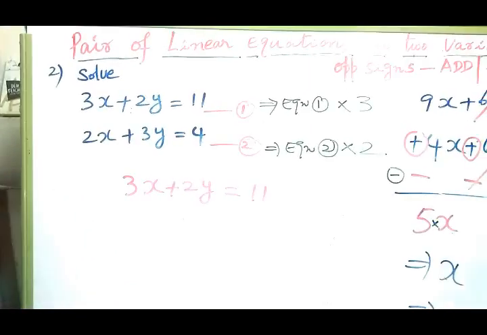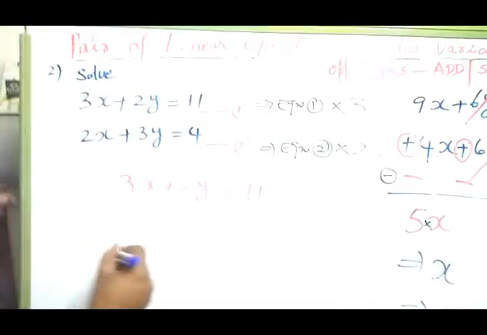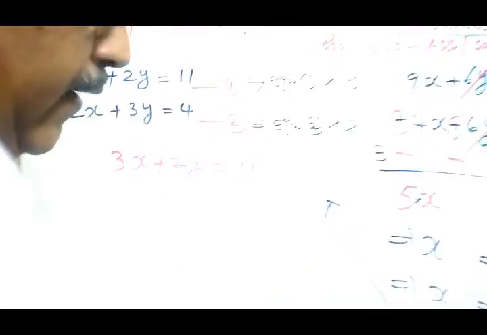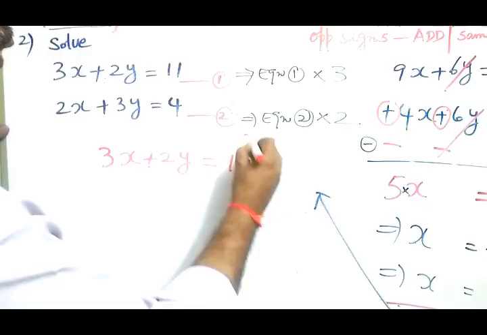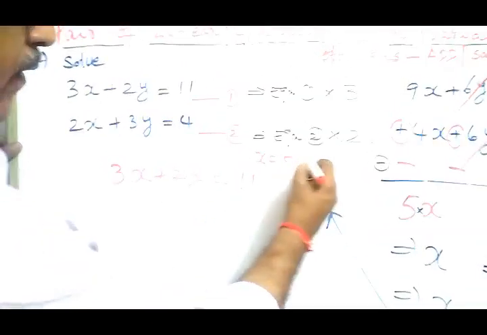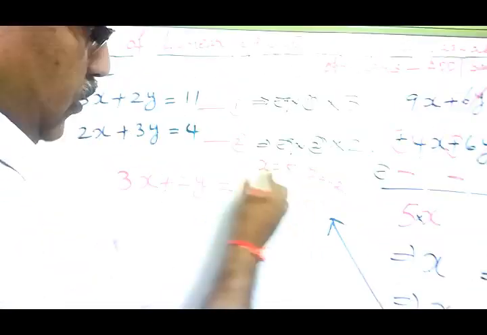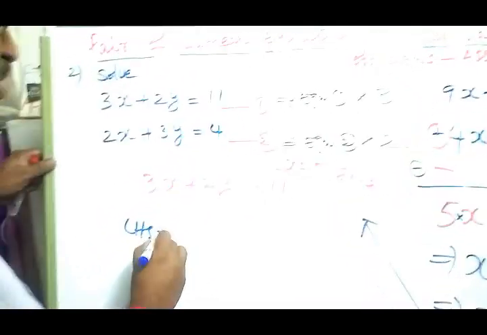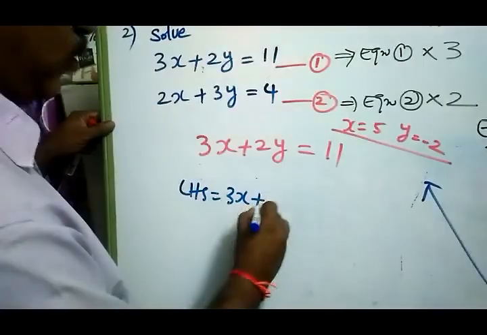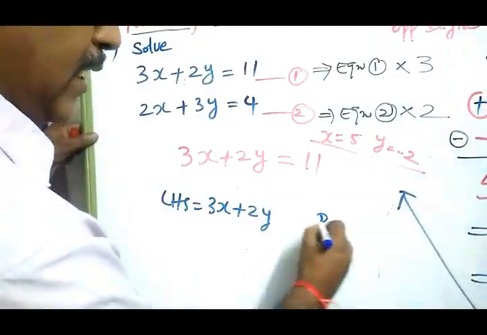I got x is equal to 5 and y is equal to minus 2. Now whether this answer is correct or not, I have to check. LHS is 3x plus 2y, RHS is 11.